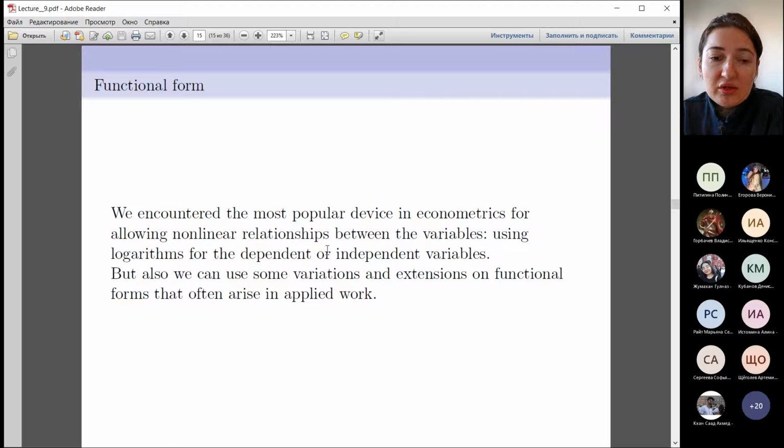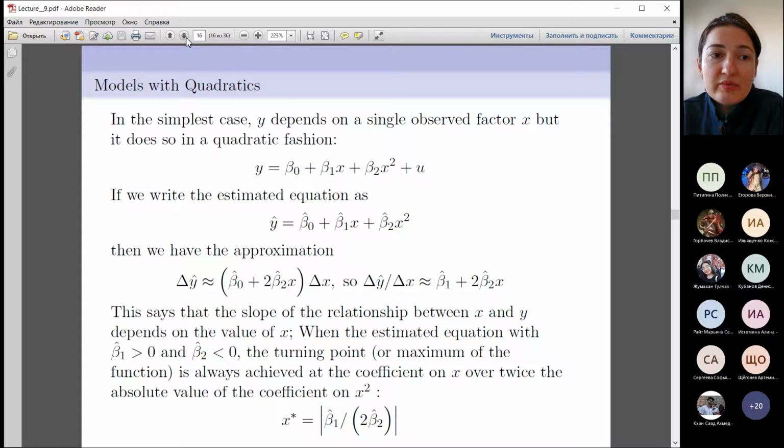But also, of course, we can use some variations and extensions on functional form that often arise in applied work. So we discussed a lot during the seminar, but also we used the quadratic terms a lot in our models.